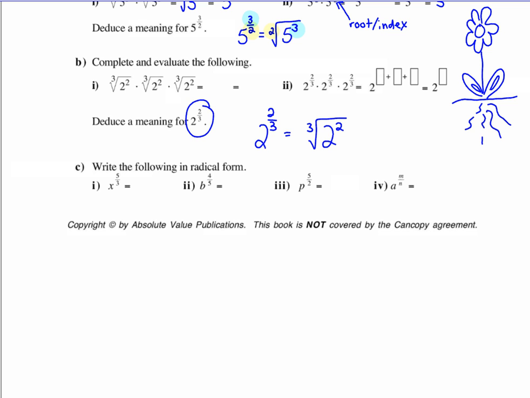Deduce means like come up with a conclusion. Like you're basically like a detective, and you're like, if A and B are true, and B and C are true, then A equals C. Deduce? Oh, no. Deduce.